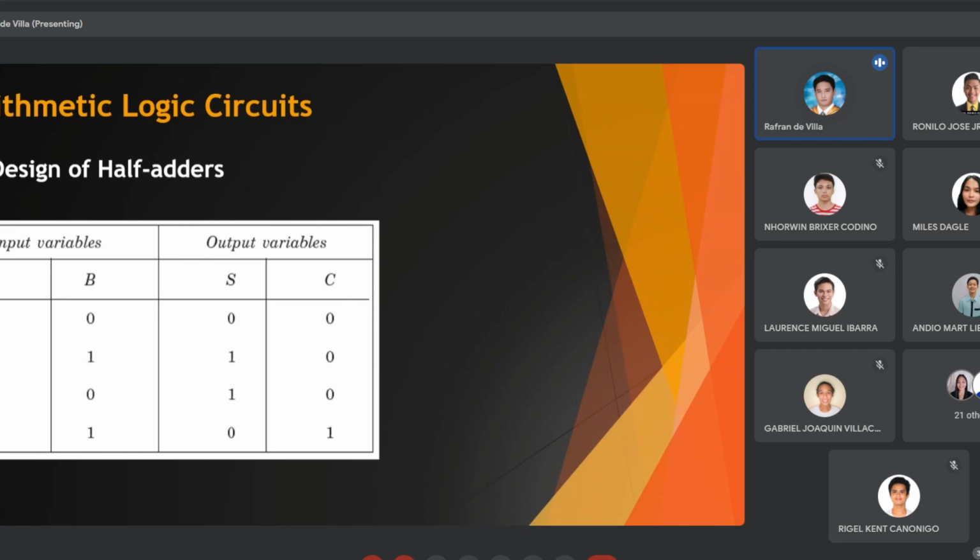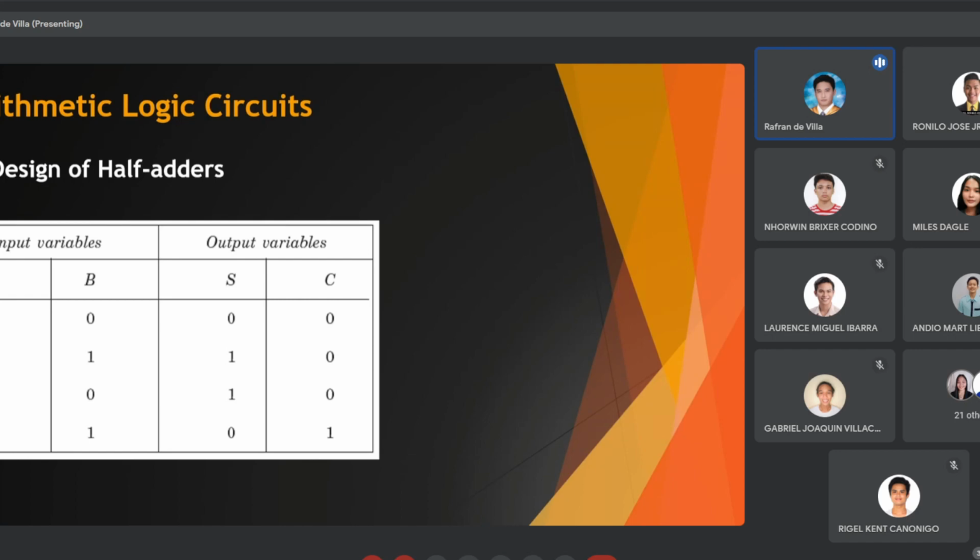On the screen you can see two inputs, with outputs which could either be the sum or the carry. This type of design is based on what you call half-adder circuits, capable of adding 2-bit numbers.